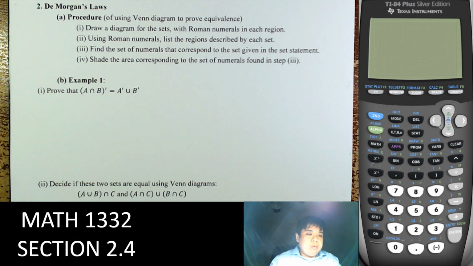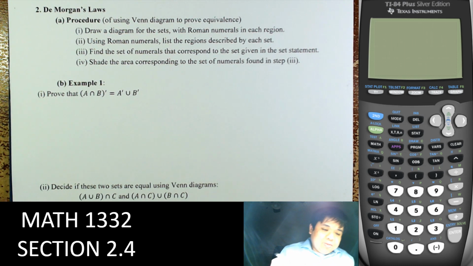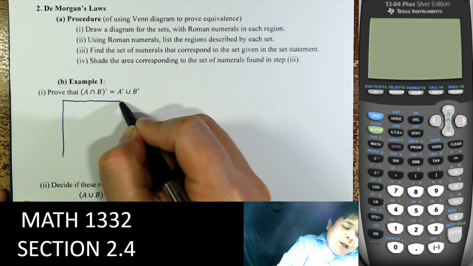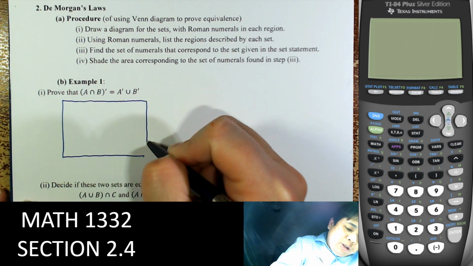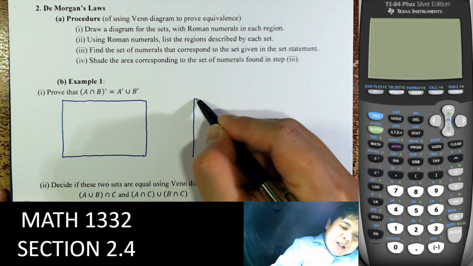So we're going to use this here to prove that they are equal. We do it for both sides. This is the left side, this is the right-hand side.